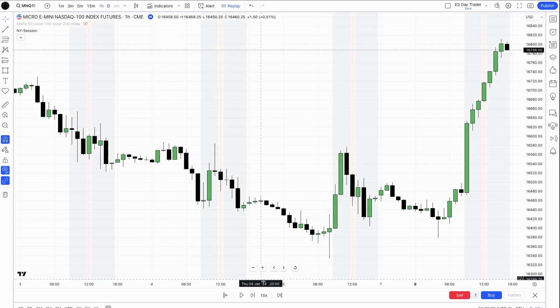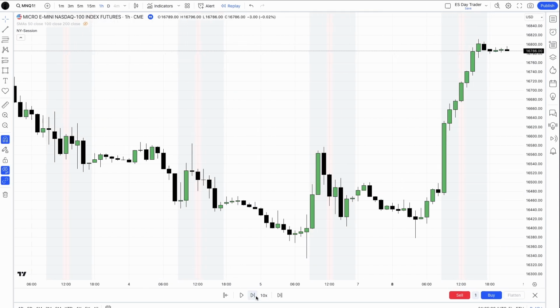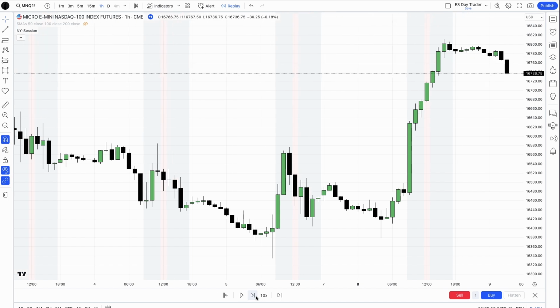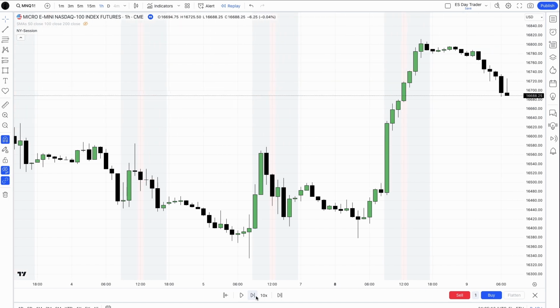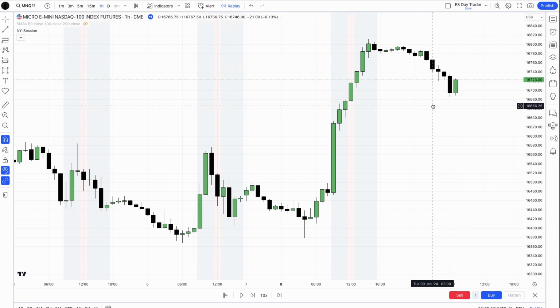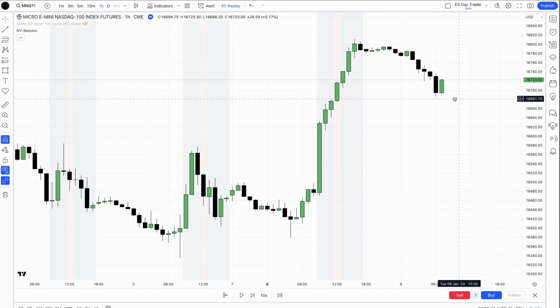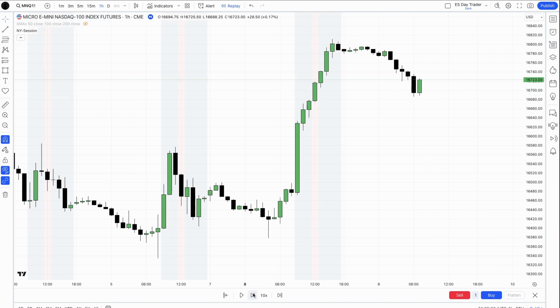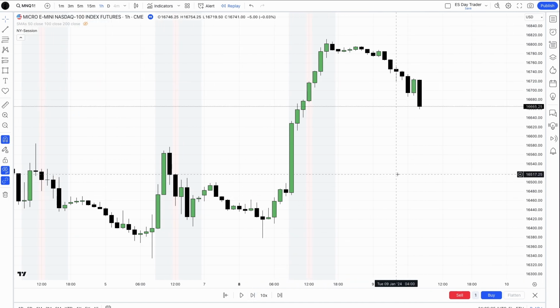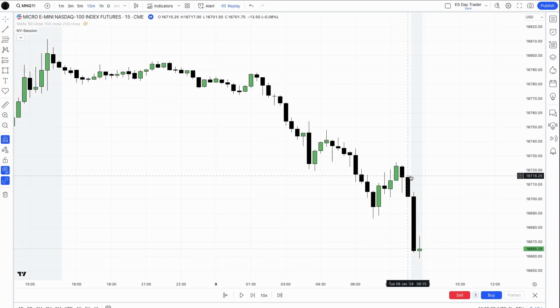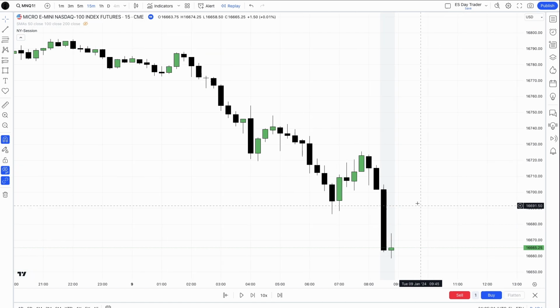1 hour. We do have some movement down. Jumping ahead to 8 a.m. Here we are on the 15-minute.